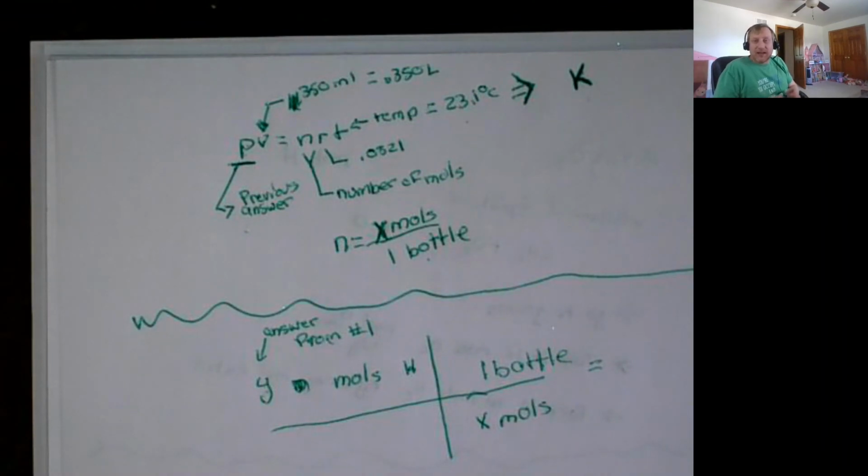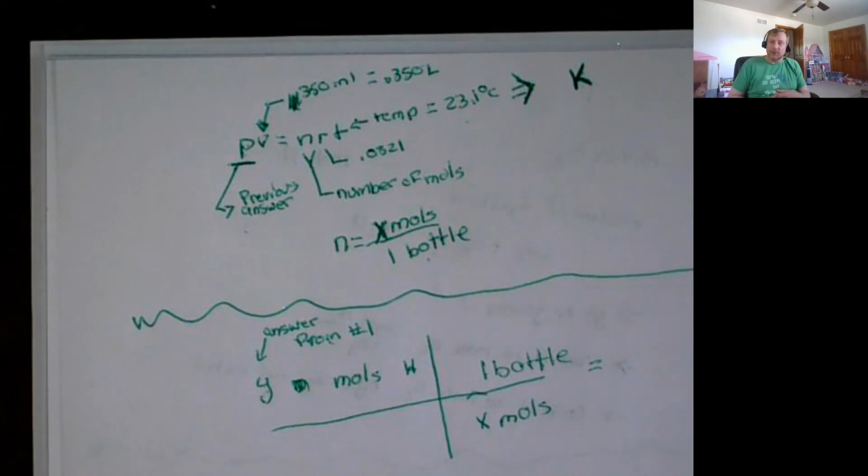You should know at this point, I guess, that 1 mole of gas occupies a volume of 22.4 liters at standard temperature and pressure. And we're pretty close to standard temperature and pressure, so we would need 22.4 liters for every 1 mole.